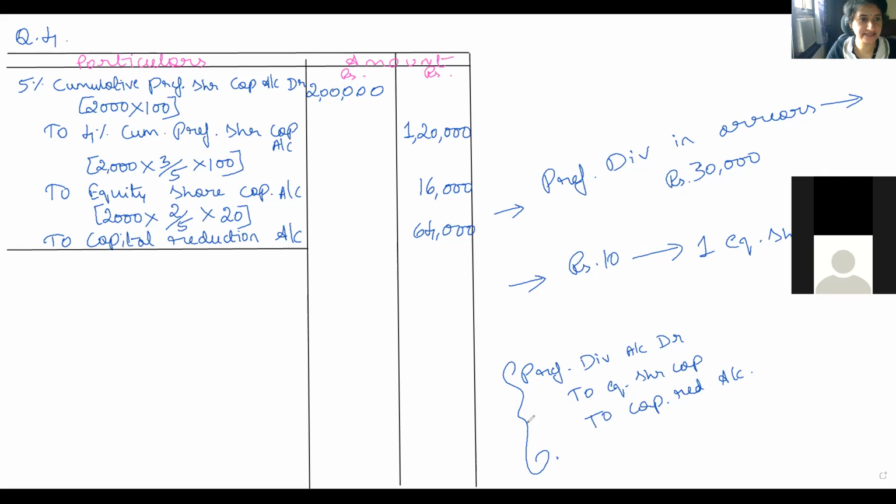Anyone else? Yes, I have taken Karthik inside. आगे है ना Karthik. हाँ, और कोई एंट्री? चलो बताओ, whether this is correct or any other entry to be passed. So students, the question you understood, right? Preference dividend arrears है 30,000 का, और उसके बदले में for every ₹10, 1 equity share of ₹2 each is issued to the preference shareholders.